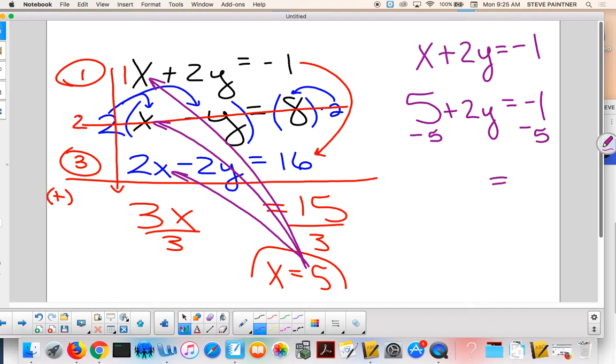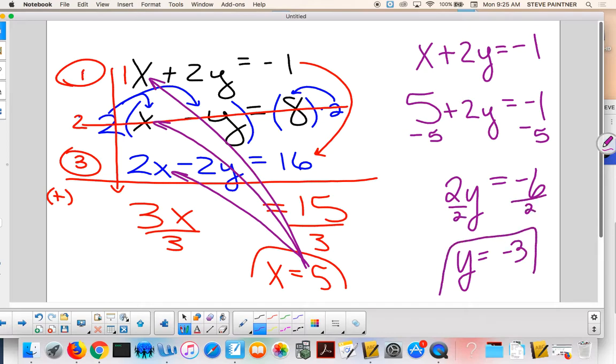And you get 2y equals negative 6, yep. Divide both sides by 2. And you get y equals negative 3. 5 comma negative 3 is the solution.